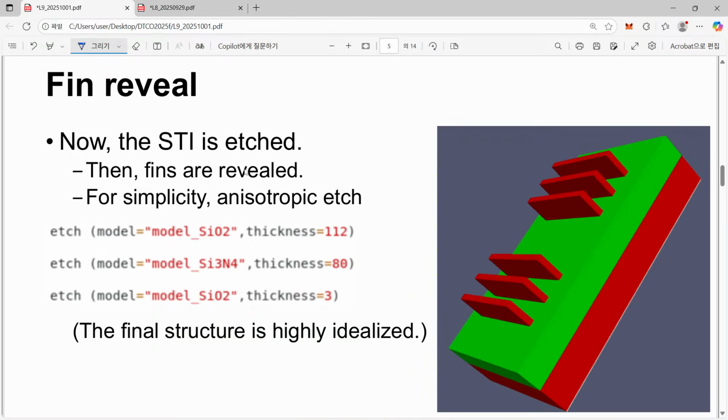So now you can see that this is the result of our etching process. Of course, where is the hard mask? After this is over, of course the hard mask should also be removed, but this is the result of our structure. So please have a look at this structure.